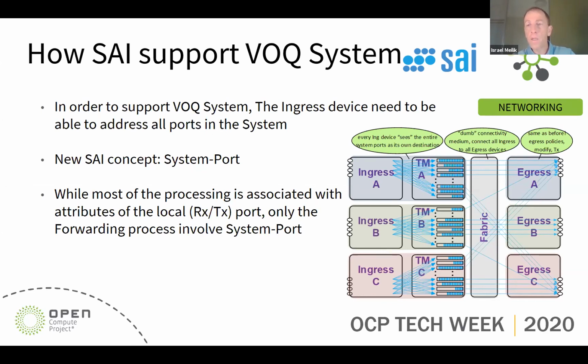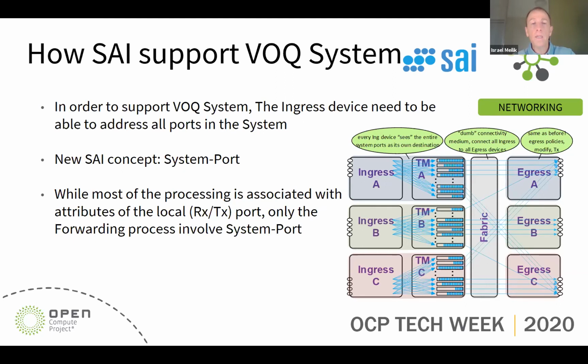The forwarding databases need to use this new SAI concept, the system port, because any given packet, according to the addresses in the packet, may be sent to any one of the ports in the system. Therefore, we need the system port to be able to direct the traffic to any port in the system. Again, this is a single hop system, meaning that the decision taken by the ingress device applies to any system port.